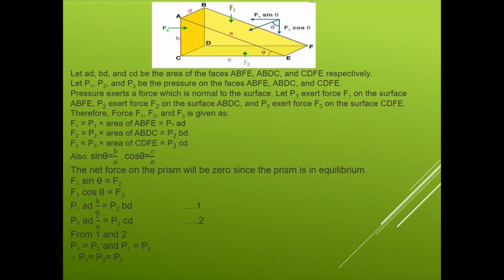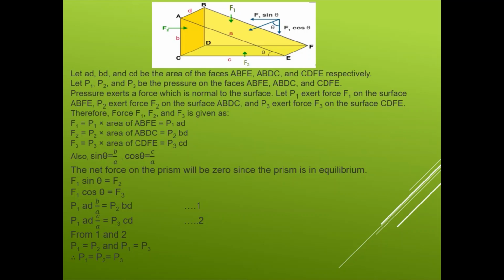So now putting the values of F1 in these equations, we get P1 AD multiplied by b upon a, and this is equal to P2 multiplied by BD. And the second equation is P1 multiplied by AD multiplied by c upon a, and this is equal to P3 multiplied by CD.